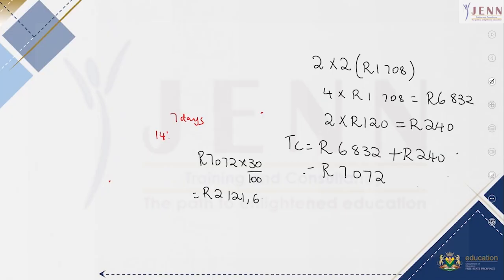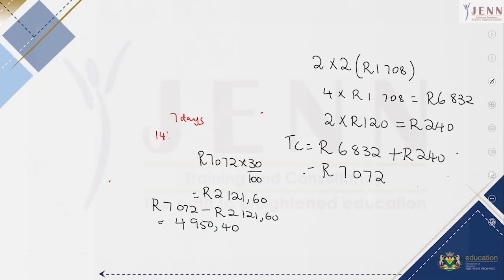So 30% of that is 2,121 rand 60 cents. So I'm going to subtract the amount contributed by the school from the whole transport cost. So Mpho and Refilwe will only contribute 4,950 rand 40 cents.